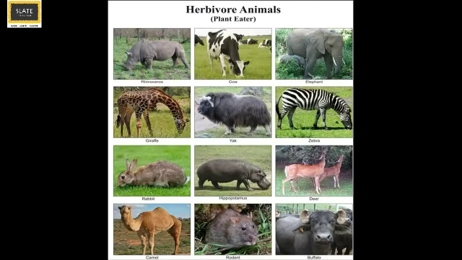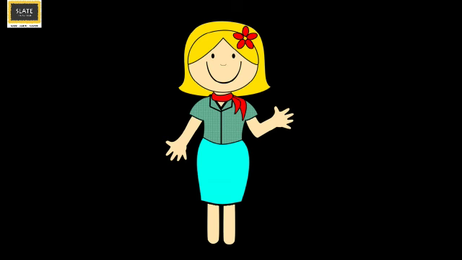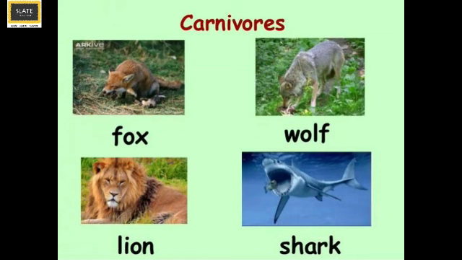Animals like cows, buffaloes, sheep, giraffes, zebras, snails, and rabbits are herbivores. Now, can you give some examples of carnivores? Wonderful! Animals like cats, tigers, lions, crocodiles, and cheetahs are carnivores.